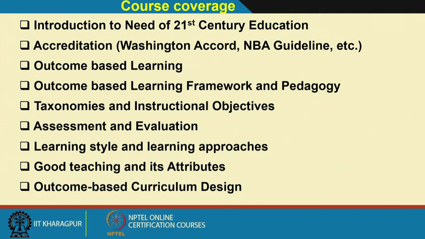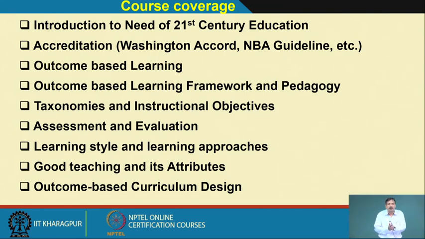Next, accreditation, which is the main or bothering part, as I think many institutes apply for NBA accreditation. You have heard about the Washington Accord. The course will cover what accreditation is, why it is required, who the beneficiaries of accreditation are, and more or less how accreditation will be implemented in day to day teaching life.